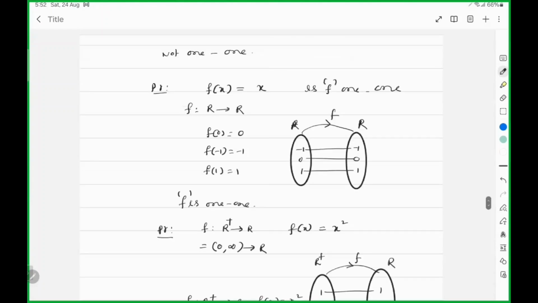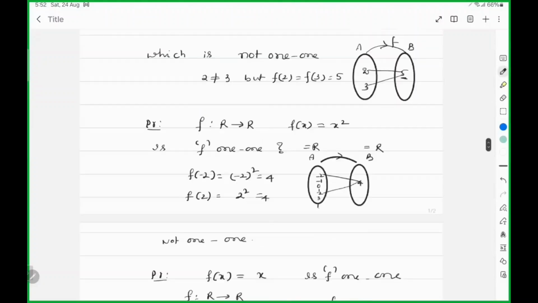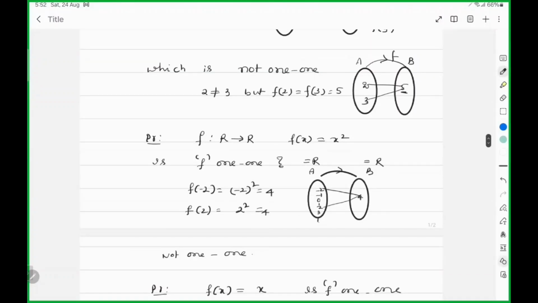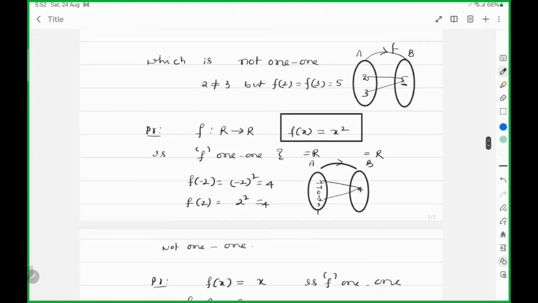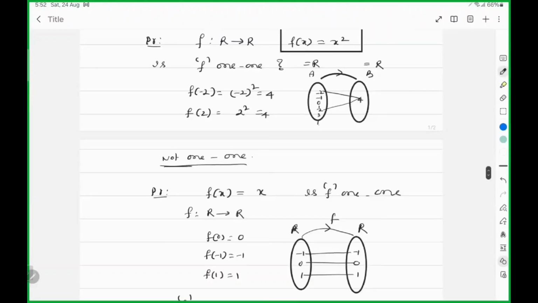Look at this: the function is the same in both cases. But here it is one-one, and here it is not one-one. What is the difference?